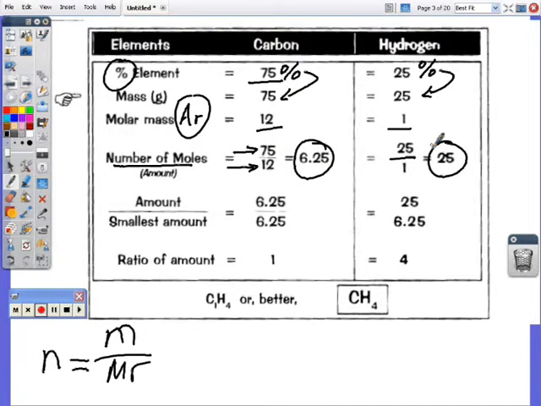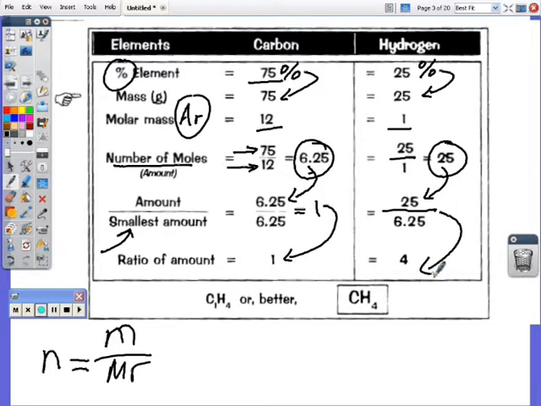We then take the smallest value from the previous calculation and divide it into the number of moles for each of these. Smallest value obviously being the 6.25, and 6.25 divided by 6.25 is obviously 1, and 25 over 6.25 works out at 4.